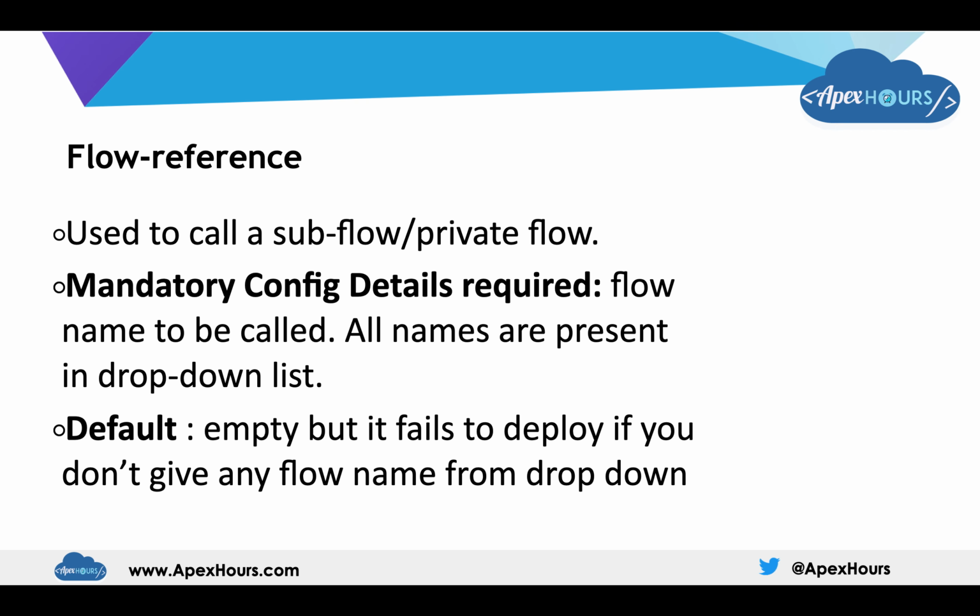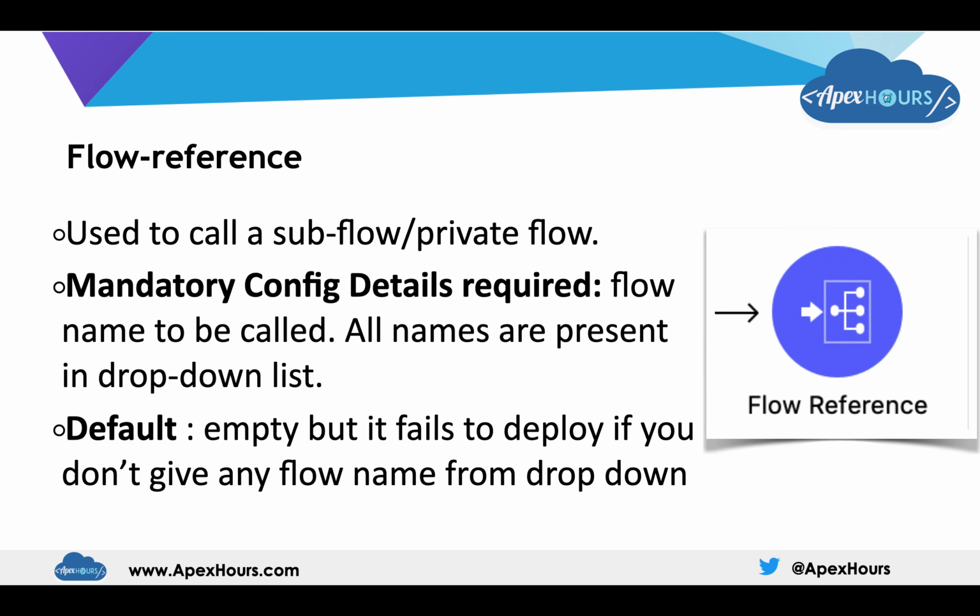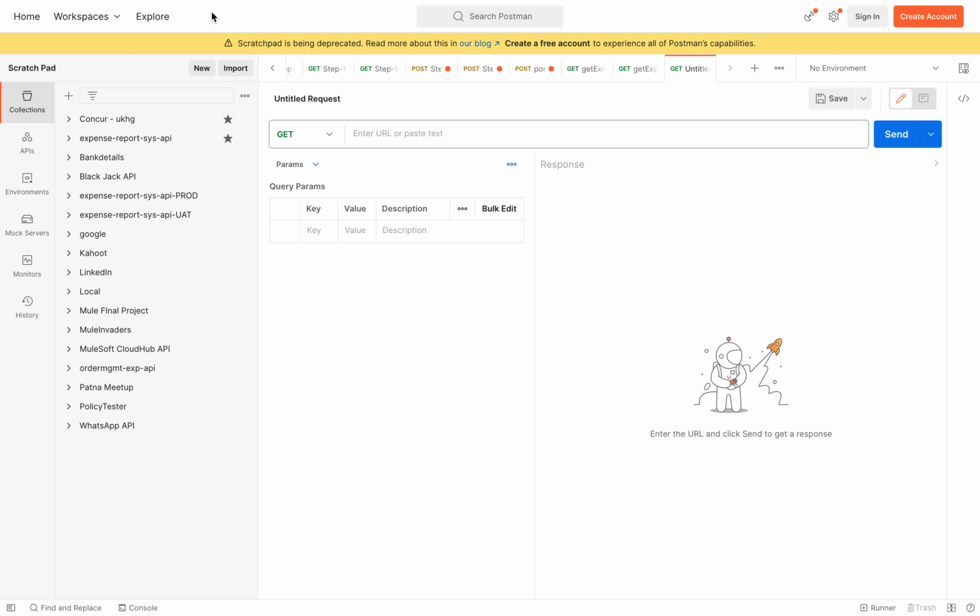By default it is empty, it doesn't select anything, but if you leave this field empty, your application will fail to deploy, because whenever you use the flow reference connector, you must choose one of the flows there. All right, before going to our next slide, let's go back to our Anypoint Studio.